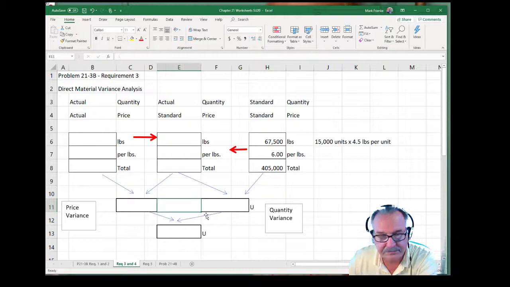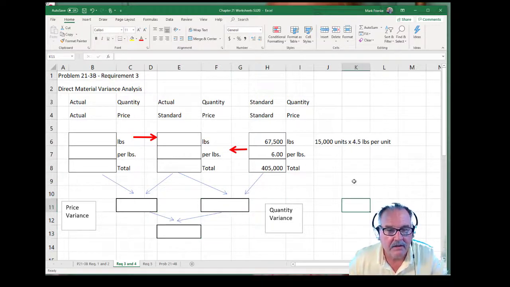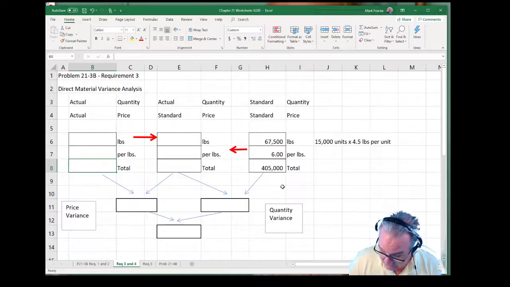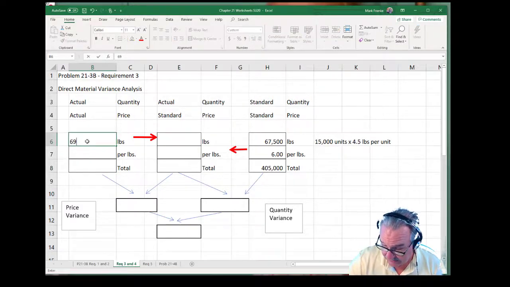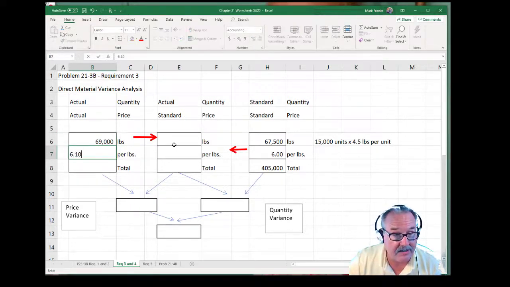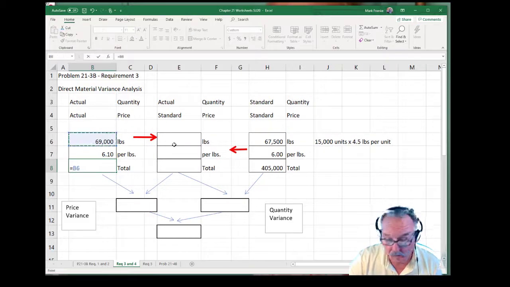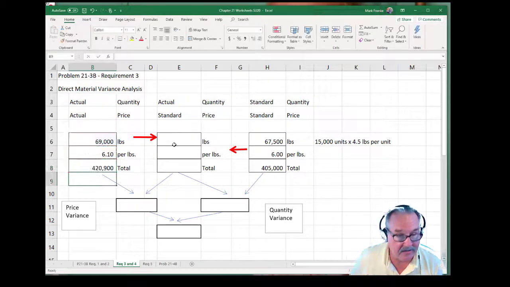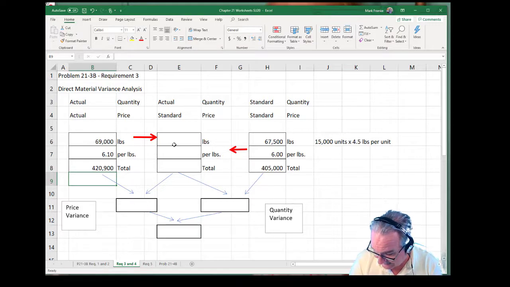So what we actually spent, and this is given in the book, they said we spent 69,000 pounds. We paid $6.10. So what we actually spent is $420,900. So that went through the general ledger when we paid the vendor and did the things that we do.